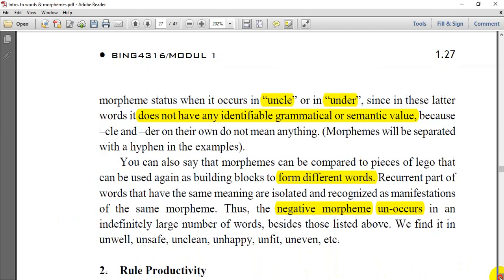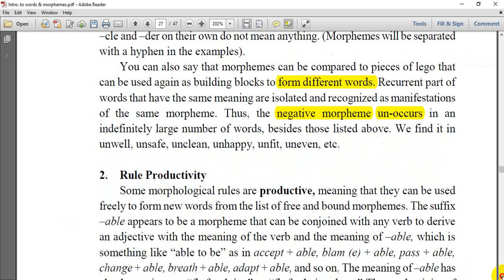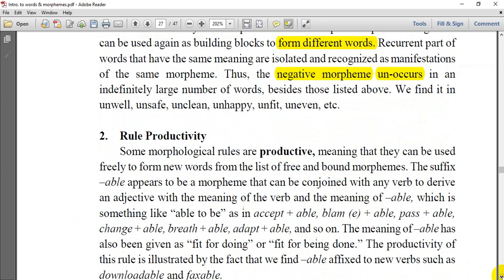This English word consists of two morphemes: un, with the negative meaning not. These are bound morphemes.